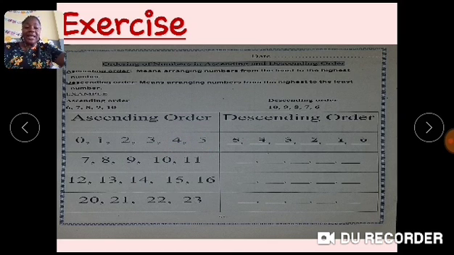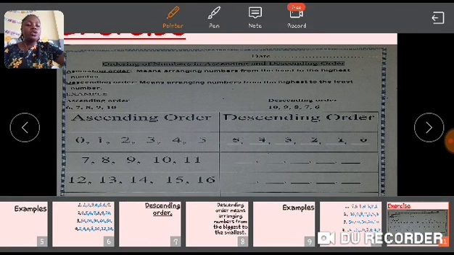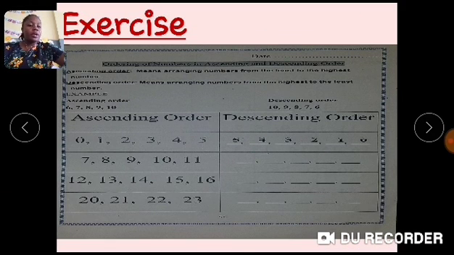So when you write them in descending order, you are going to start with what? 5. Then the next number will be 4, 3, 2, 1, 0. Okay, so this is what you are going to be writing in your number workbook.